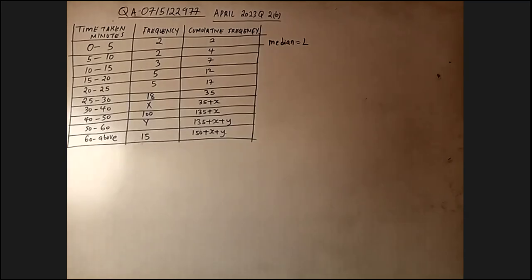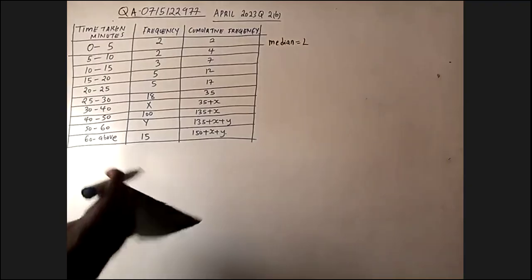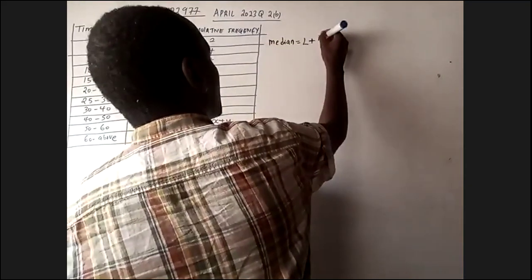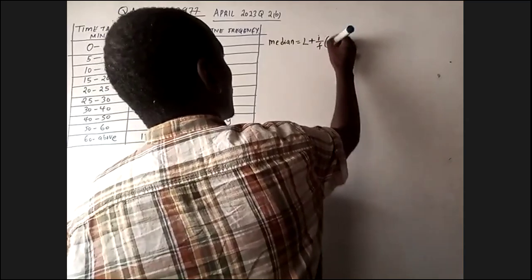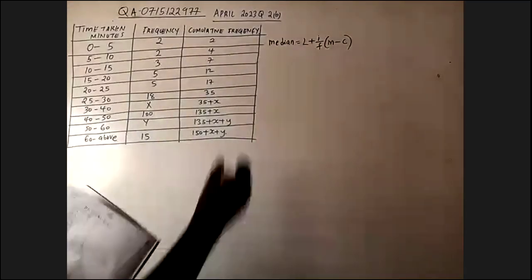Our median from the question, what did it tell us? No, the formula first. Remember the formula for median? It was L plus I over F, in brackets, M minus C. Now, how do we get our M?